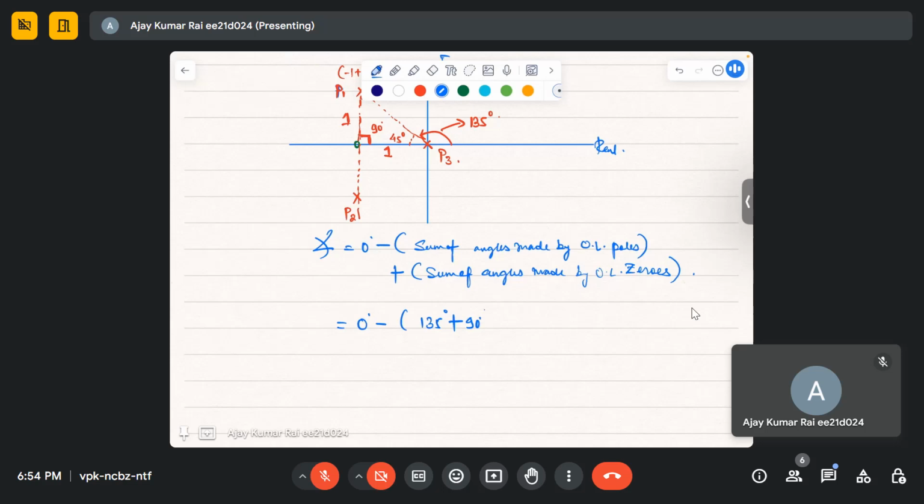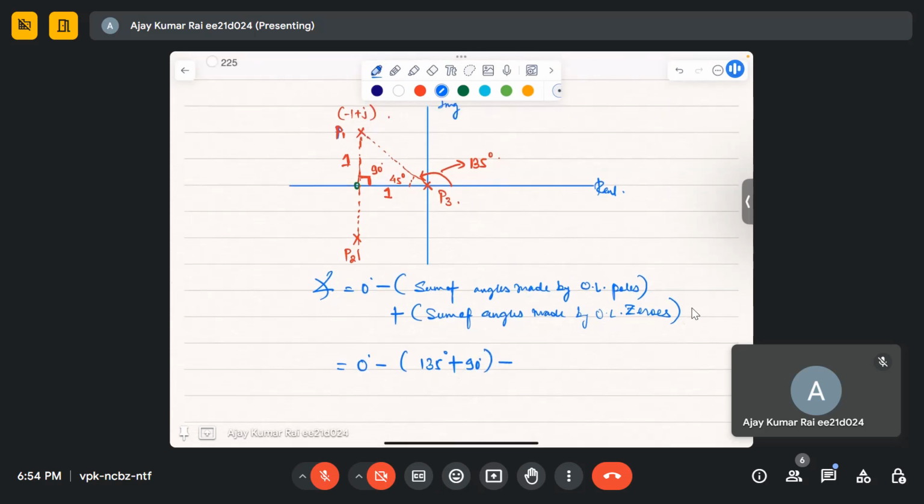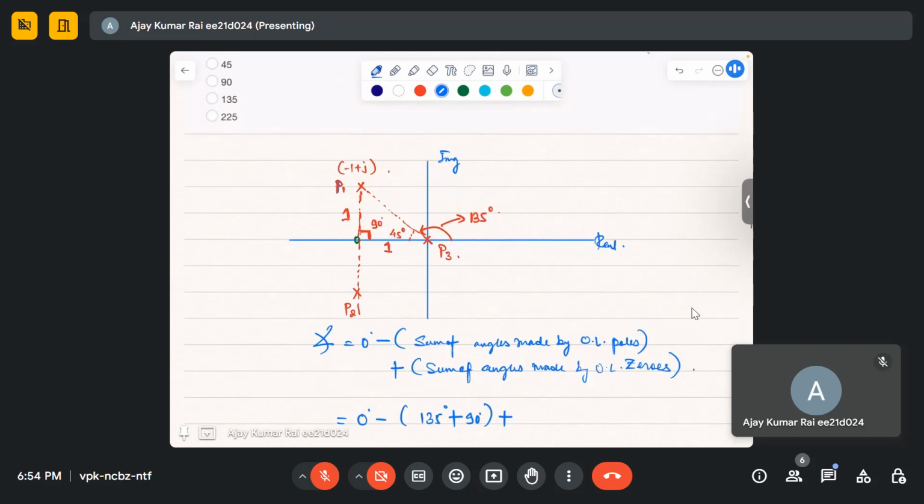We only had two poles, so two angles are there. Now let's calculate the angle made by the zero. We only have one zero, and this angle will also be 90 degree.